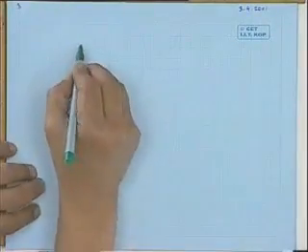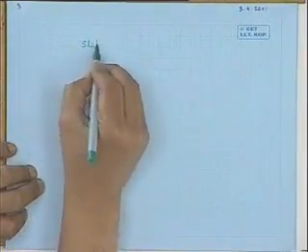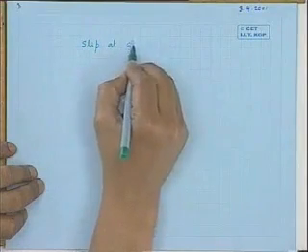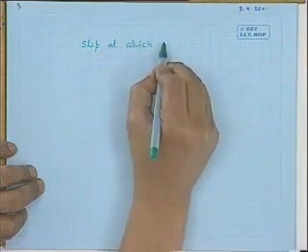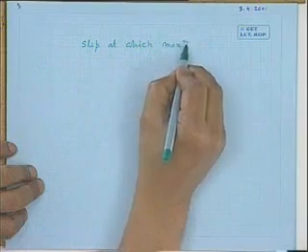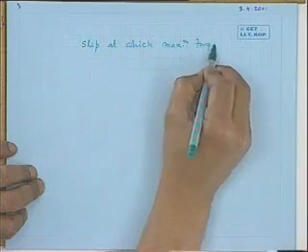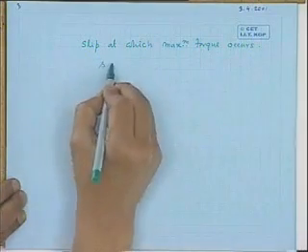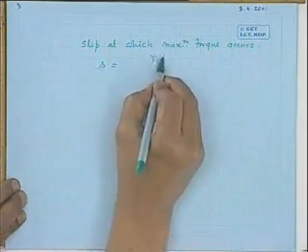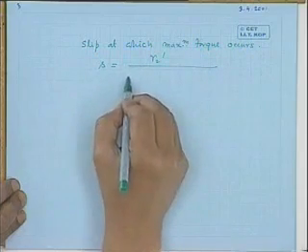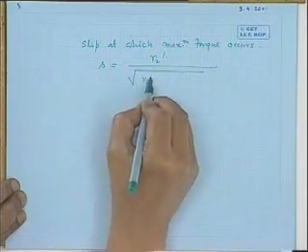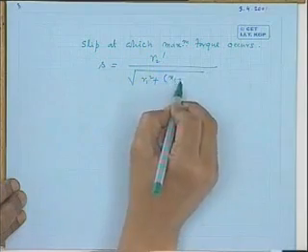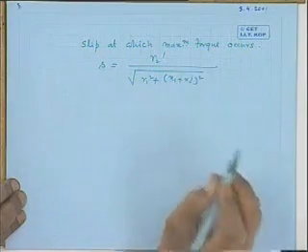So whatever slip you get, therefore the slip at which maximum torque occurs is given by R2 dashed over under root of R1 squared plus X1 plus X2 dashed squared.